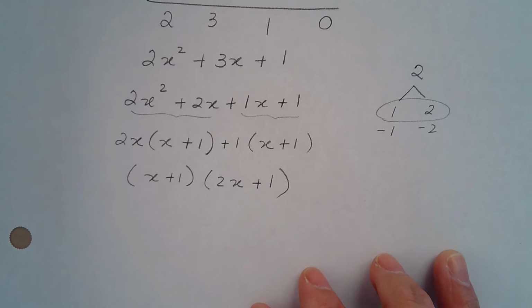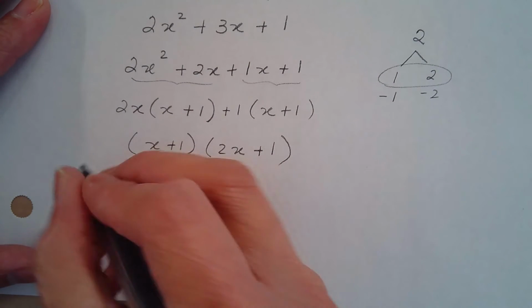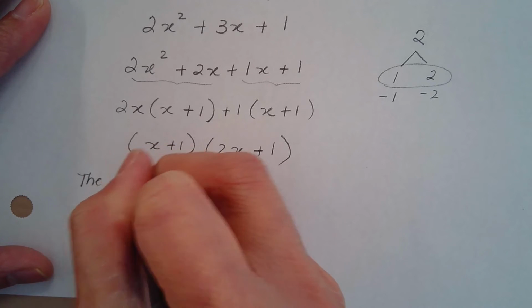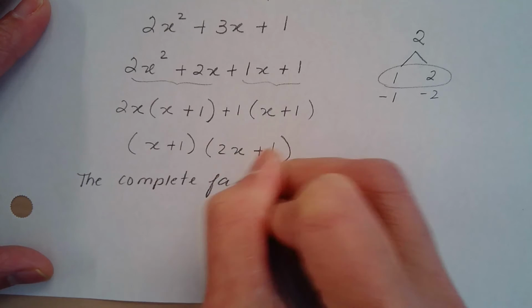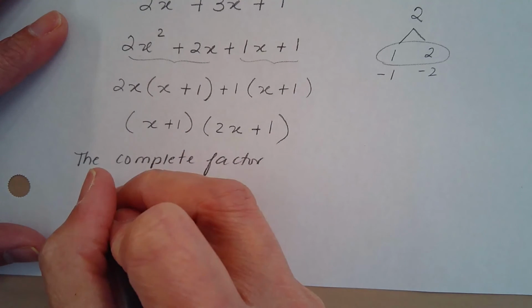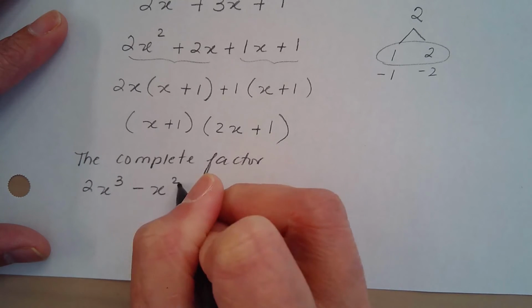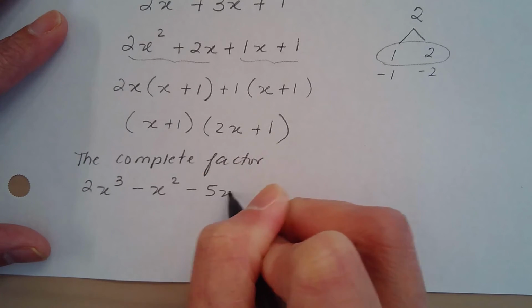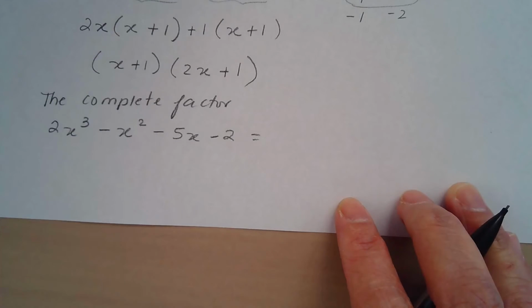Okay. So what's a complete factor? So 2x cubed minus x squared minus 5x minus 2. What are the factors?